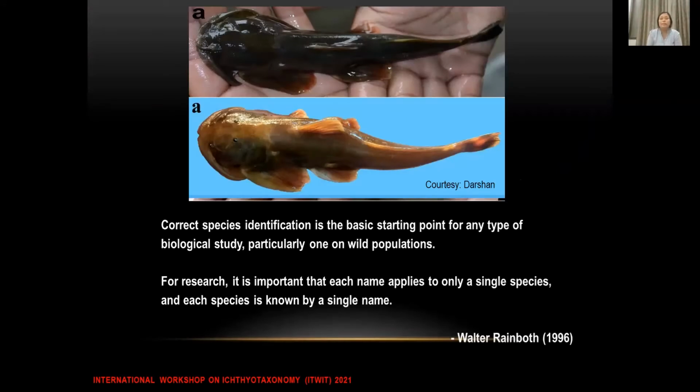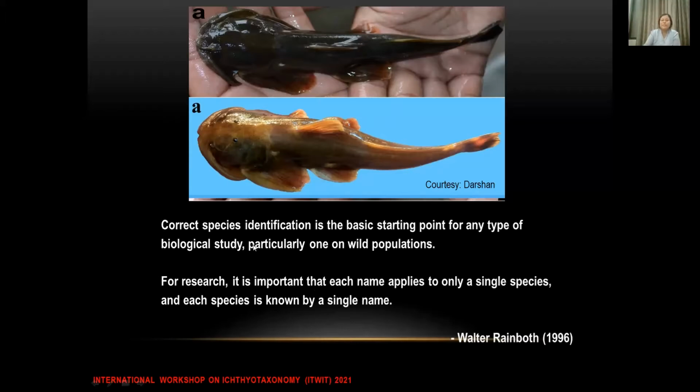The first picture is Creteuchiloglanis payjab, and the second is Creteuchiloglanis kamengensis. But to normal people and new researchers, they will look the same. So how do we identify this? This is what I'm going to talk about in the later part of this talk.